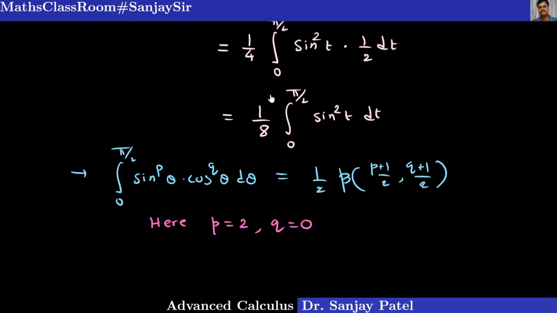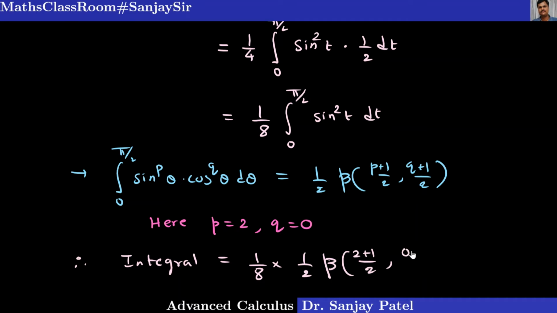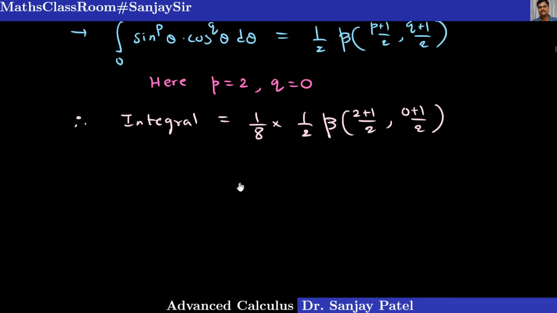Applying this formula, the above integral is equal to 1 upon 8 into 1 by 2 times beta of p is equal to 2, so 2 plus 1 by 2, and q is equal to 0, so 0 plus 1 by 2. Simplifying this, what I will get is 1 upon 16 beta of 3 by 2 and 1 by 2.